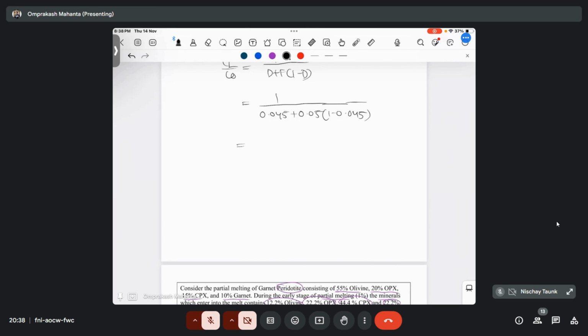So it will be 1 by 0.05, 1 minus 0.045 into 0.045, 0.002148. It will be around 46.